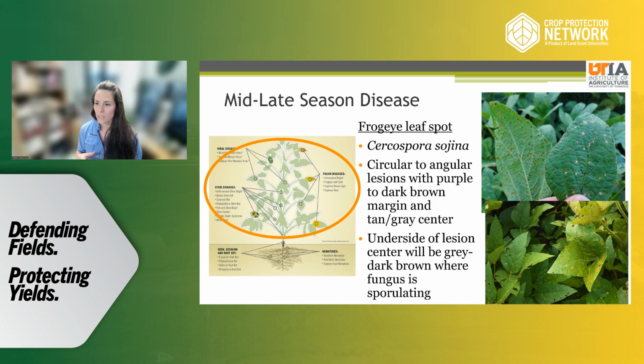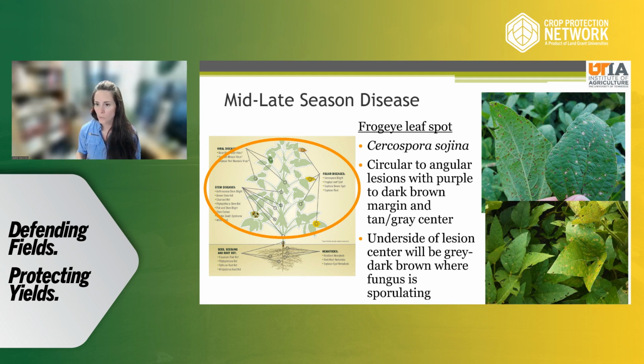So the main thing to identify frogeye leaf spot is that the lesions always have a darker border, dark brown to purple. When you're looking at the underside of the leaf, the center will be gray to dark brown. That's actually the fungus sporulating. So not to be confused, again, with some chemical injury or drift.